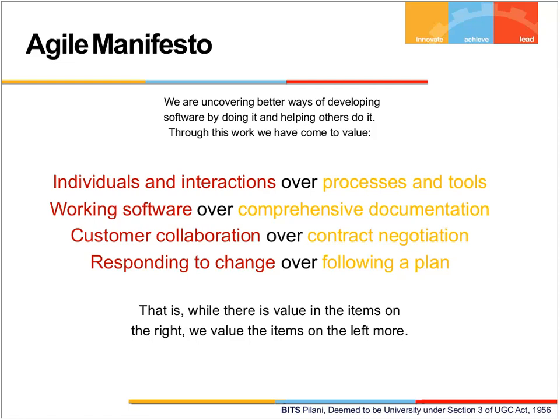So these were the two ideologies which came up almost at the same time. Object orientation came up in 97, and then in 2000 the Agile people wrote the manifesto and came up with the Agile ideology.